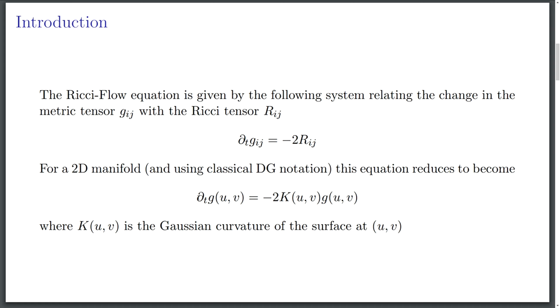So we have that the time derivative of the metric tensor, which is now a matrix function of u and v, is proportional to the Gaussian curvature, which is now a function, multiplied by the metric tensor itself.